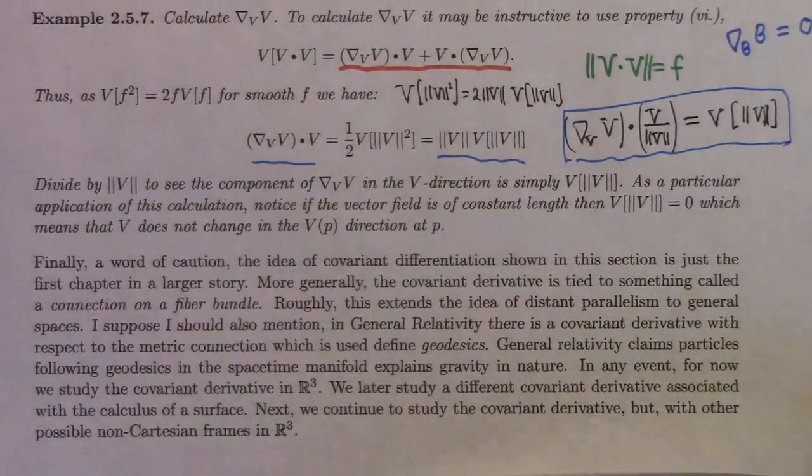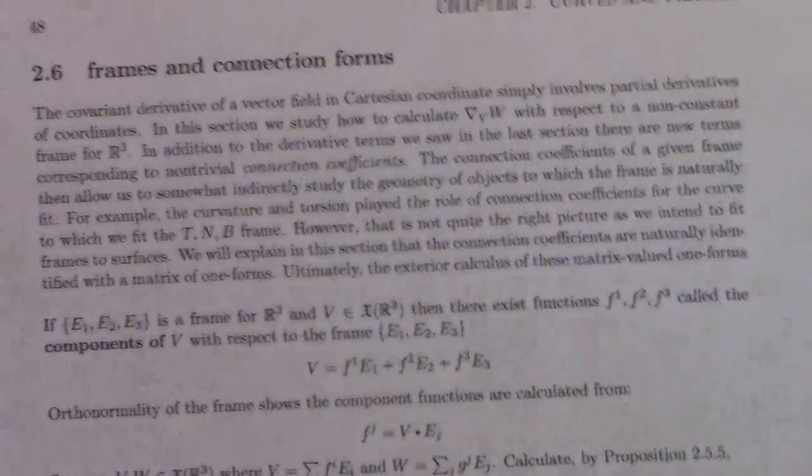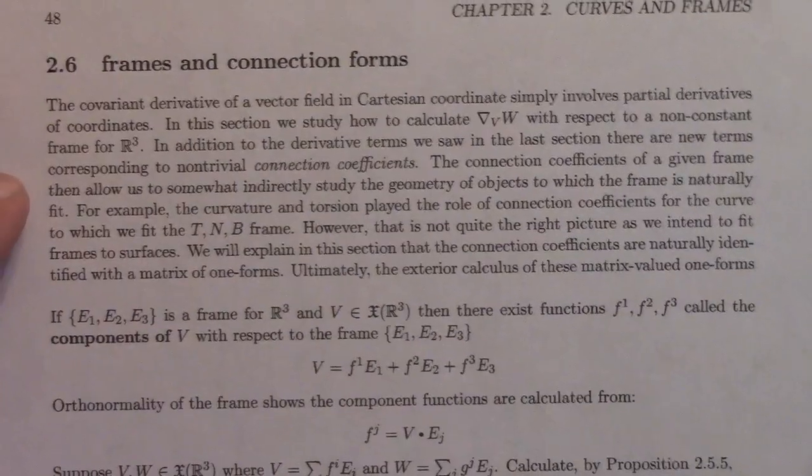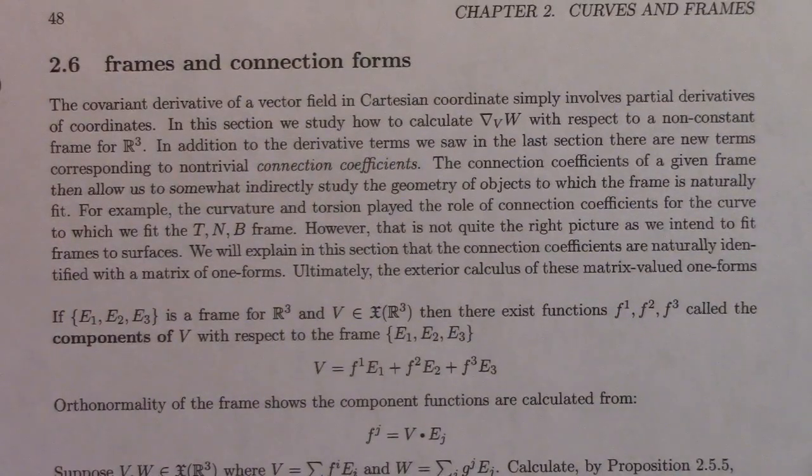Okay, so one final comment: covariant derivatives are interesting, and they will continue to be interesting as you study more higher math. There's something called a fiber bundle, where there's some notion of covariant differentiation, and it ends up tying into modern physics, gauge theory.